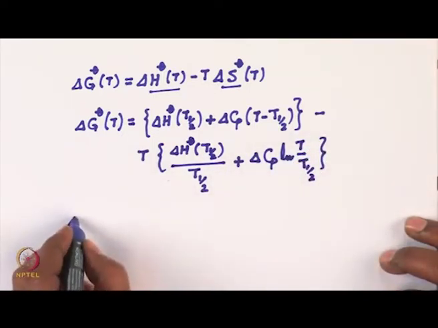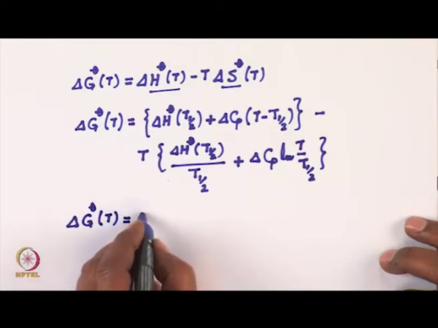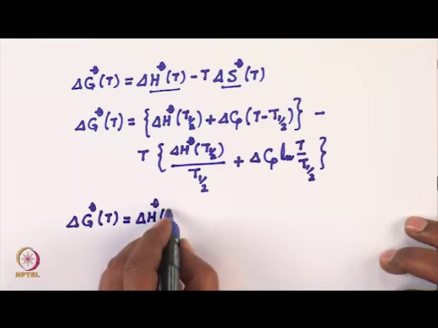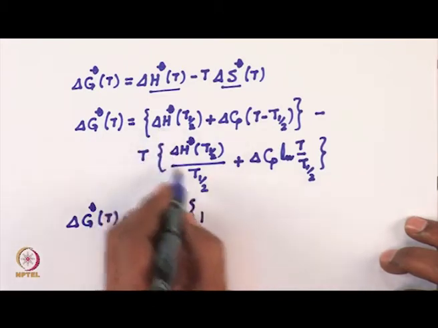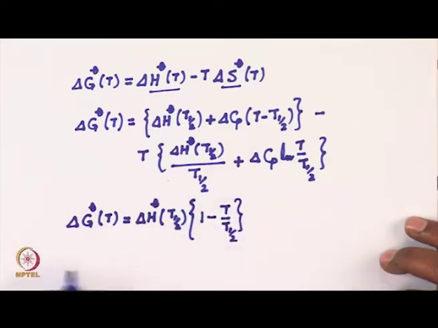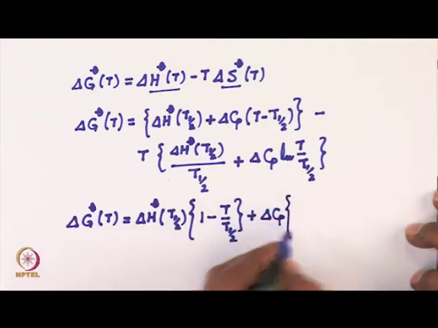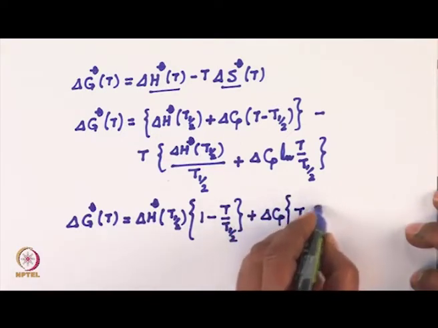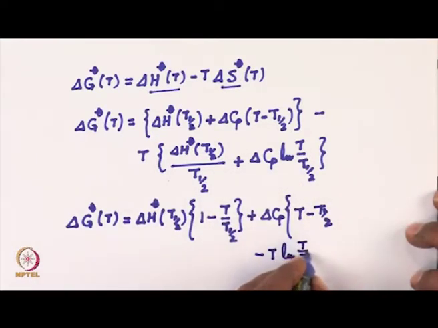Once I solve this, I get delta G naught at any temperature is equal to delta H naught at T half into 1 minus T by T half, plus then I have delta Cp, and inside I have T minus T half minus T into log T by T half.